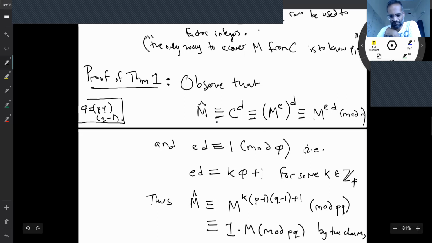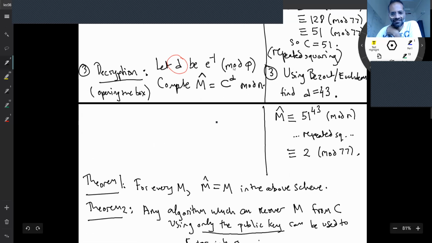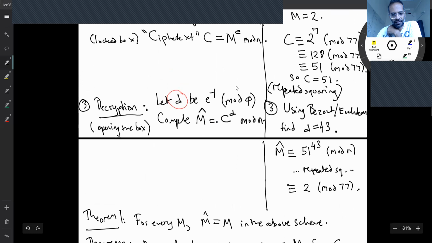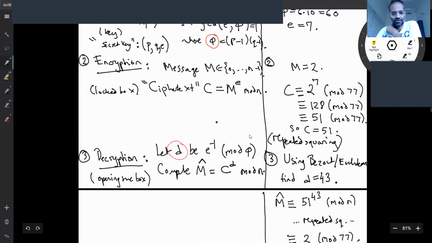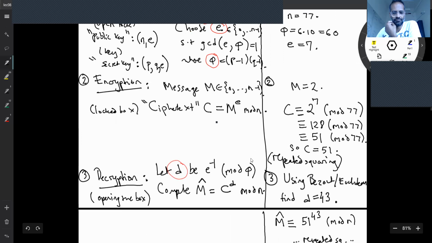Okay, let's assume for now it's positive. We'll deal with this issue later, okay? And actually, I should have said, why does e have an inverse modulo phi? Well, because it's relatively prime to phi, right?